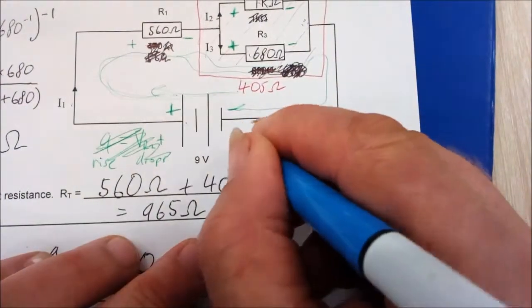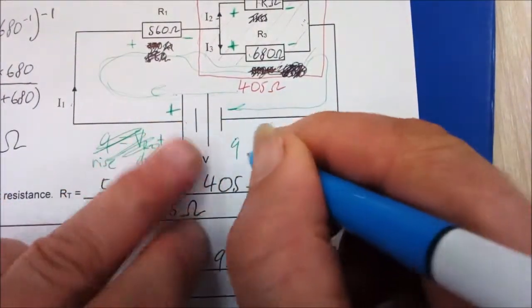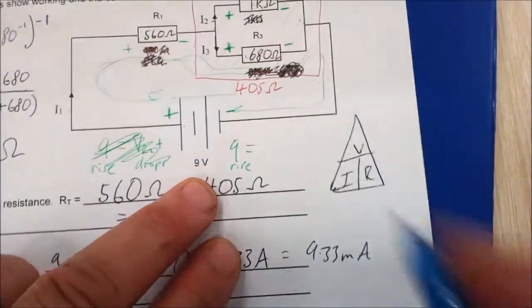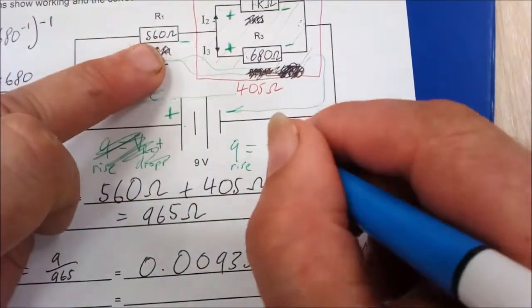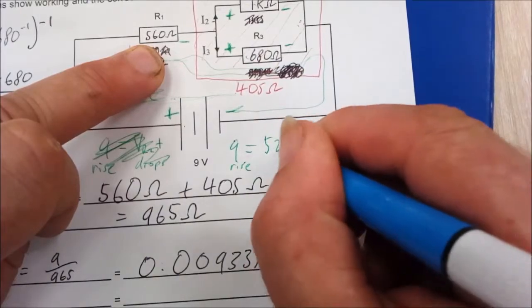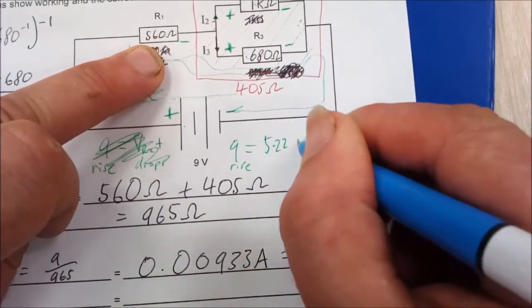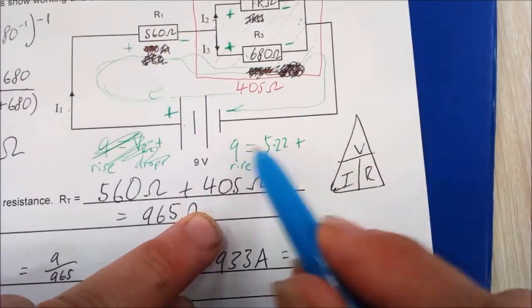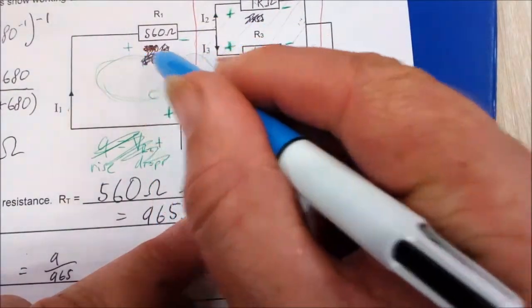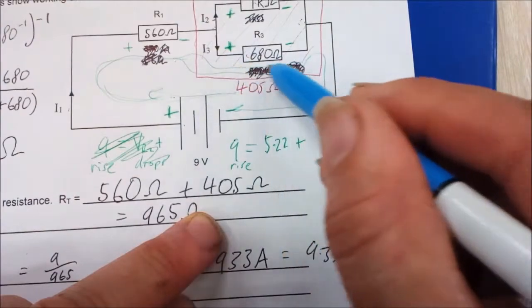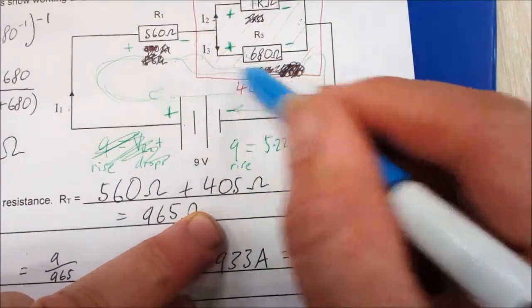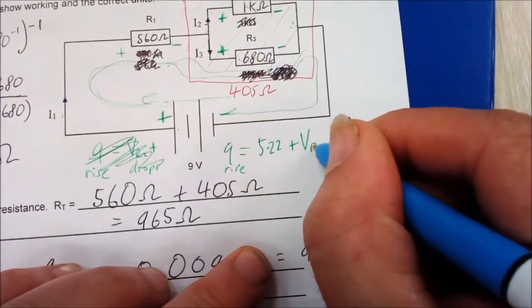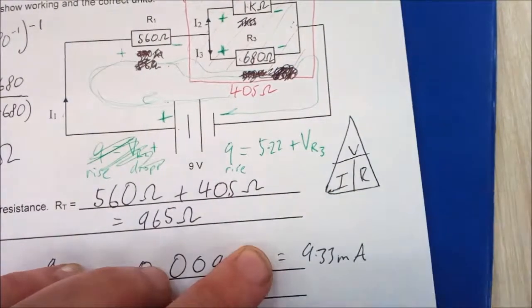So we're going to go 9 volts here, 9 equals, that's the rise there, 9 equals, now this is 5.22 plus any other voltage drops. It must be, because of course this has to equal 9, and that voltage drop is, oh look, it's here, it's VR3 actually, so I probably should have gone around the outside, shouldn't I?